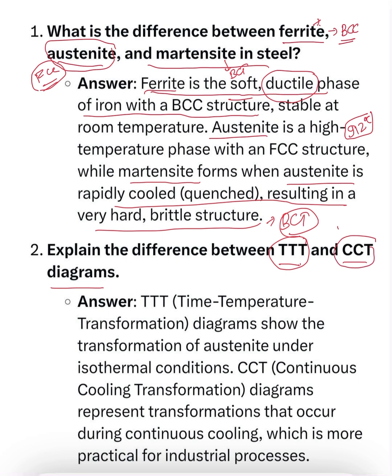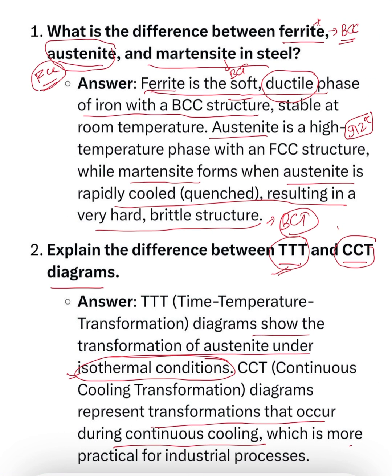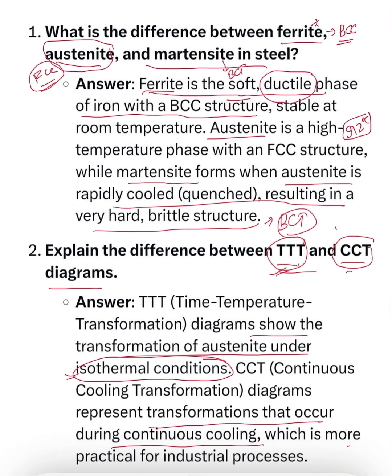The main difference is that the time temperature diagram shows the transformation of austenite under isothermal condition, while the CCT diagram represents transformation that occurs during continuous cooling, which is more practical for industrial processes. These are the two main differences, but there are some other differences as well, which we have discussed in other videos. If you want, you can go there and watch it.